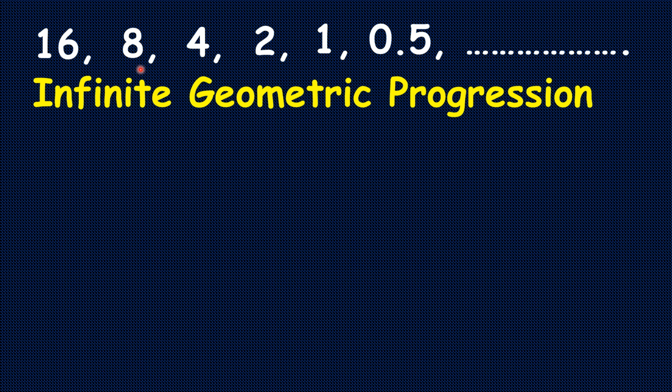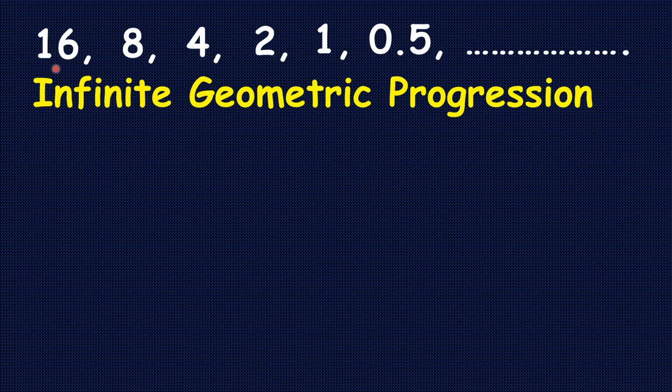You see that after the 0.5, the dots continue infinitely. So there is no established end to this particular set of numbers, and that's why this is an infinite qualification for this set of numbers.